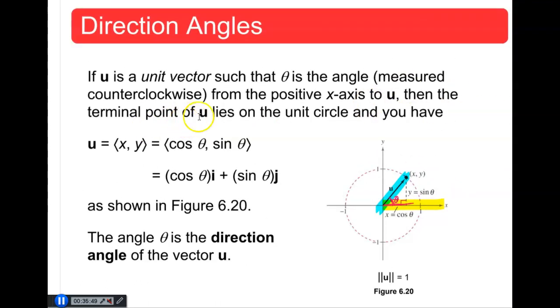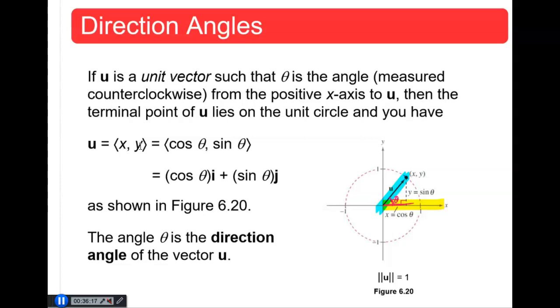Then the terminal point of u lies on the unit circle, and you have u equals x for the horizontal component, y for the vertical component. And so remember how we started this course in chapter 4? We went over the unit circle, and then after that we expanded into other trigonometric ratios.